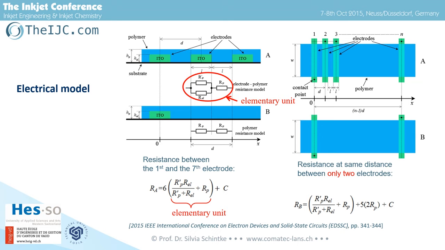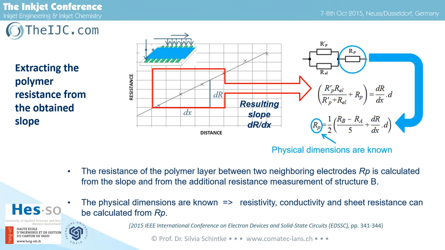And from our measurements, which come from one distance, the second distance, and so on, we can plot the values of the resistance as a function of distance, find a linear dependence, and the slope of this graph will finally enter into our model, and we can at the end extract really what is the resistance of the parts containing the polymer.